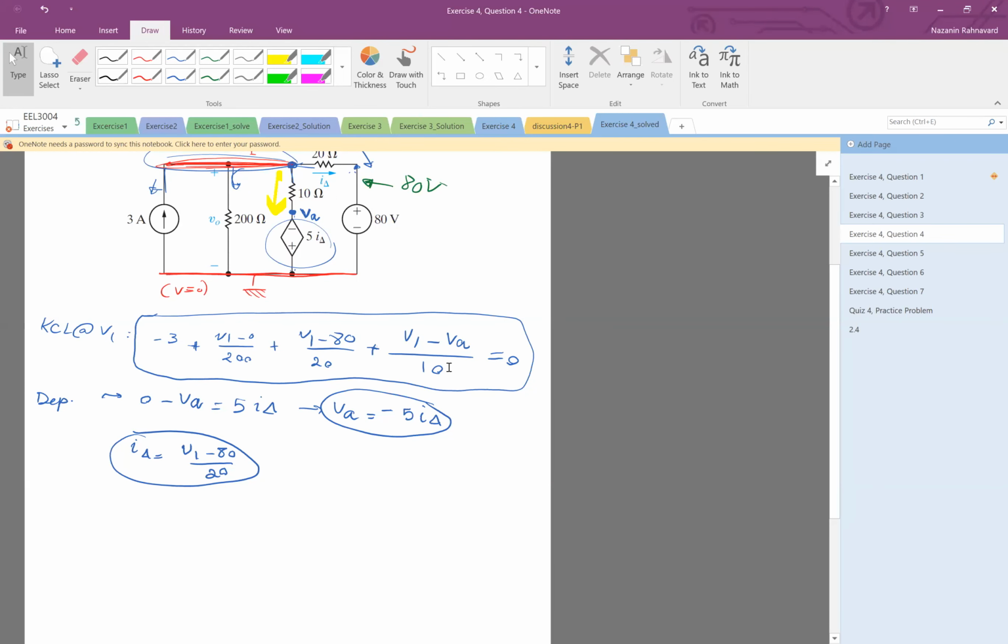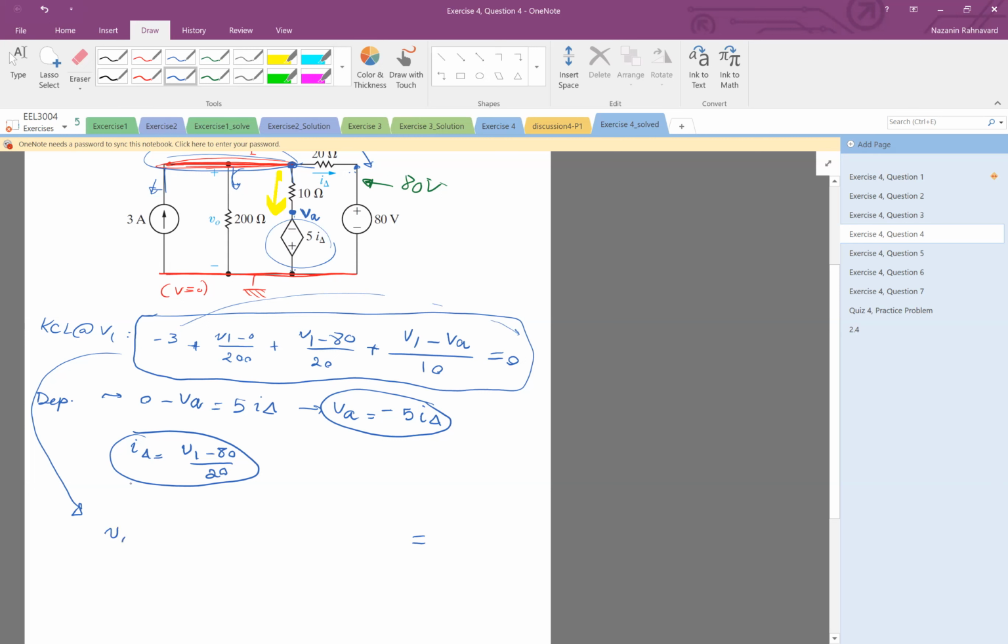To get rid of these small fractions, maybe we can multiply the whole thing by 200. Let me do that first. 200 times this, and then I put also the negative, the other side of the equality. So everything is multiplied by 200.